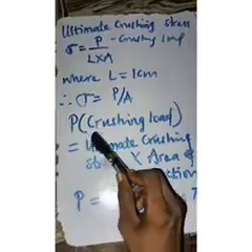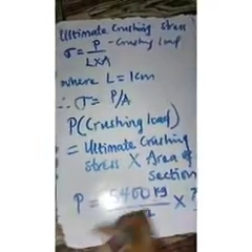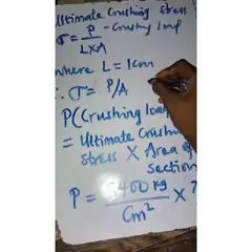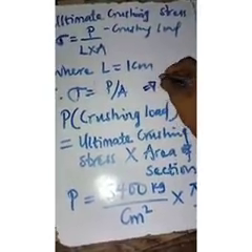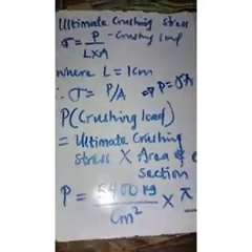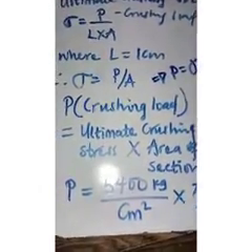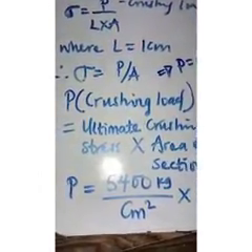Then if I cross multiply, I'm going to have my load, that is my crushing load, P, equal to my stress times area. So you have it as your stress multiplied by your area.